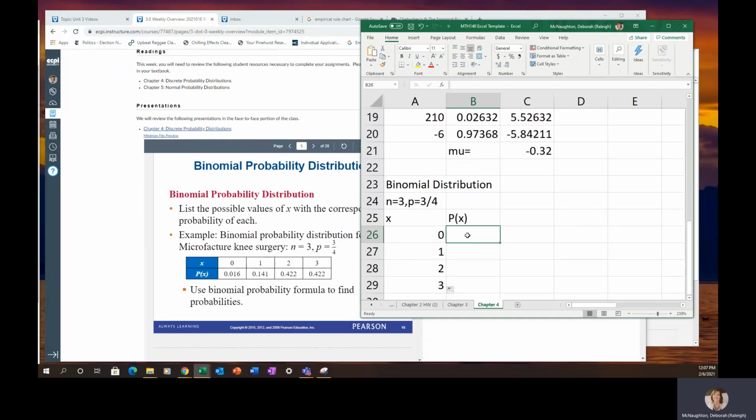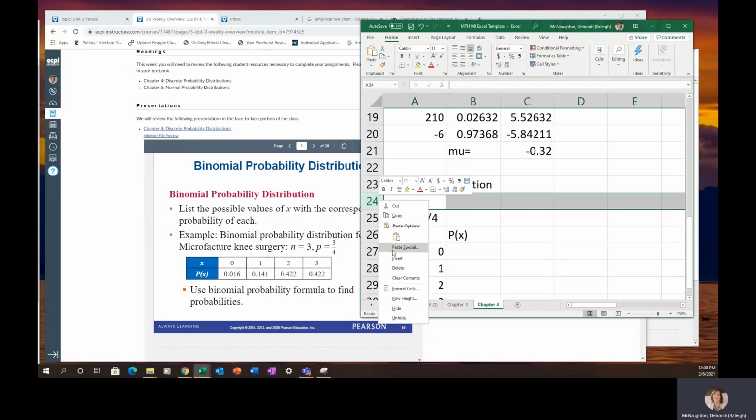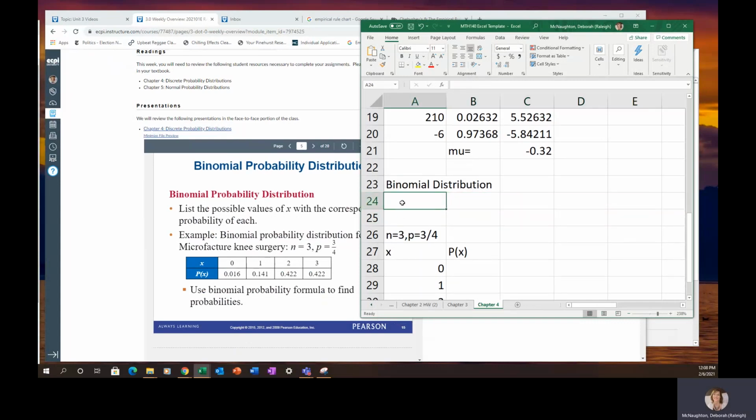And then the P is 3/4. And then, so our formula, let me put in for this, I'm going to insert some rows here. So if you right click, you can insert. Okay, so I'm going to change this and put this in like this. N is 3, P is 3/4.